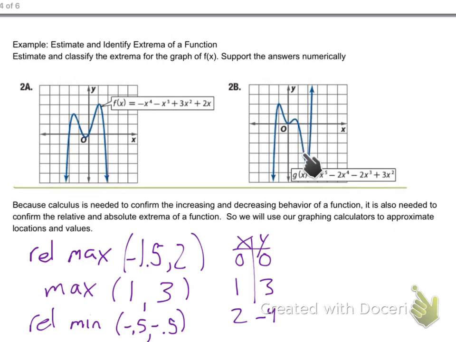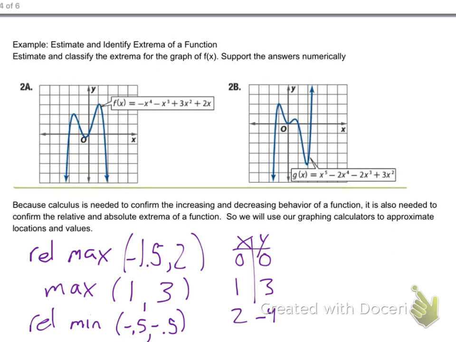This one is right here, a relative min. There are no absolute max or mins here, because the graph goes up forever and the graph goes down forever. So there's no absolute max and min, there's only relative max and mins.